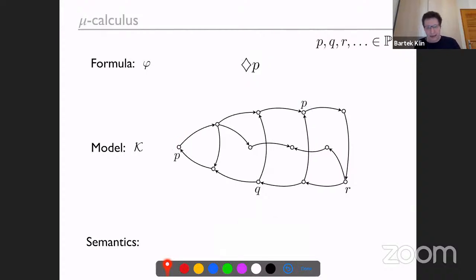Another example of a formula is the so-called diamond modality. So diamond P means that the property P holds in some successor, and similarly, the property P or diamond P means that P holds now or in some successor.